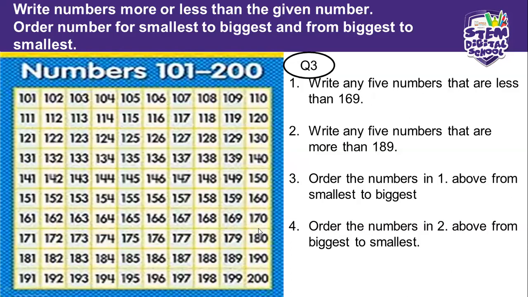Okay, to see that we are together. Okay, number 4 says that you're going to order the numbers, those that you got in number 2. You're going to start with the biggest to the smallest. Thank you, Lutando. Hey, I'm slow. Let me quickly do it.